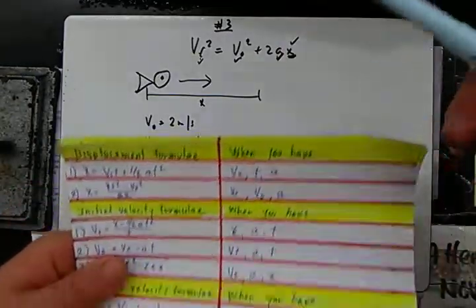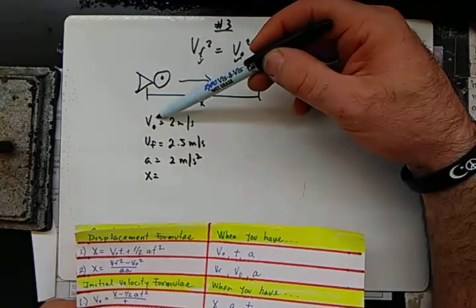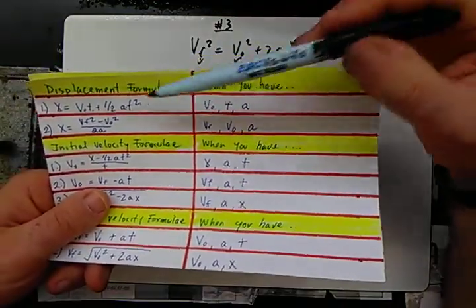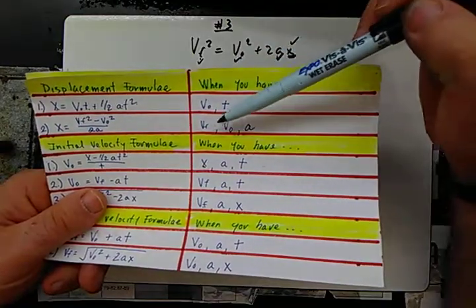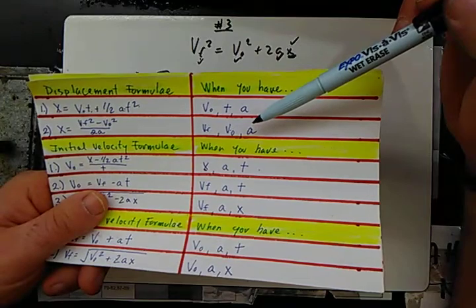And so I'm going to come up here and say, all right, I have a formula for displacement which says VO, VF, and A. I'm looking over here, I got displacement formulas, VF, VO, and A. That looks like the one I'm going to choose. So let's do that.